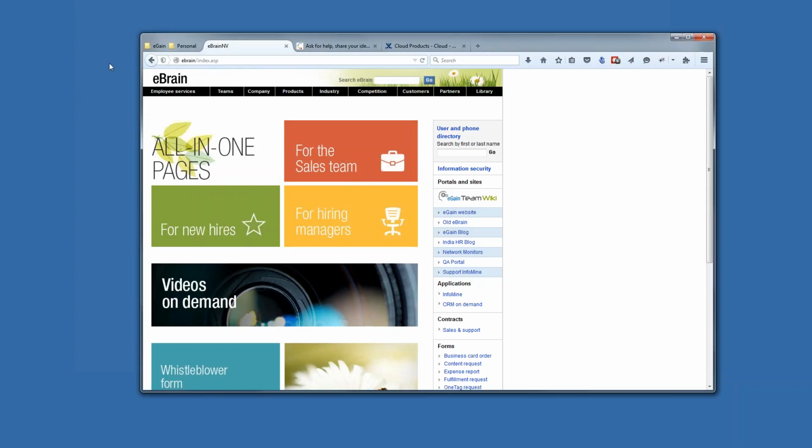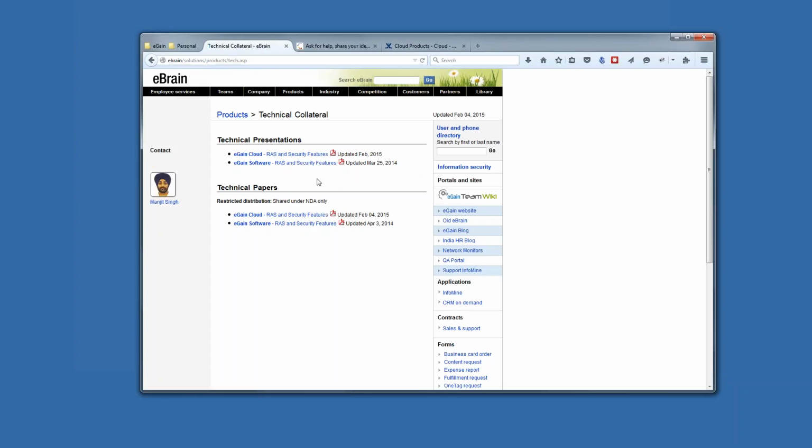The first and most important place for cloud collateral is eBrain. Under products and technical collateral, there's a page with some presentations and technical papers. It has some stuff for the software suite as well, but I'm going to focus on the cloud piece, and go through the presentation very briefly.